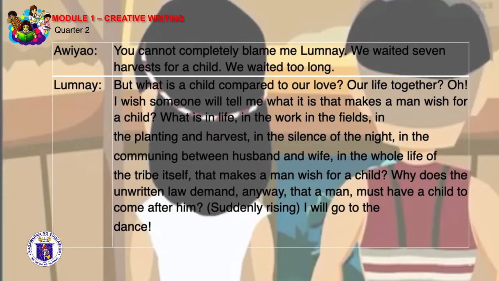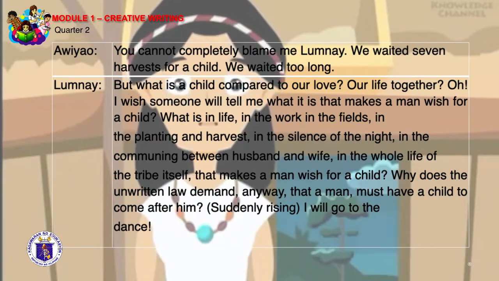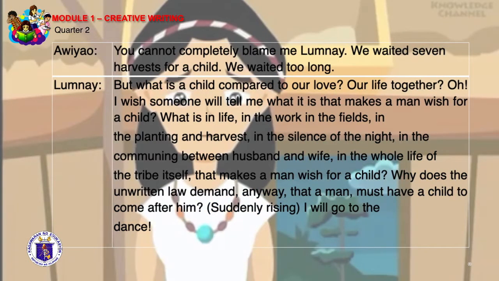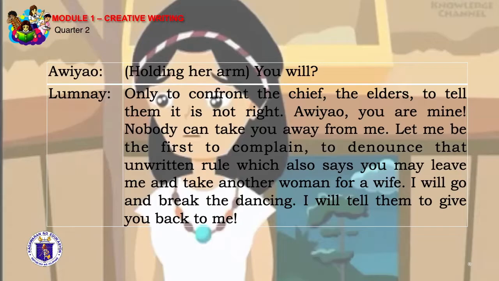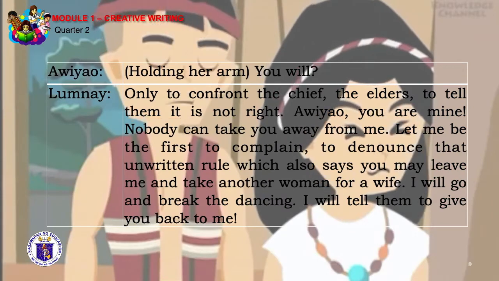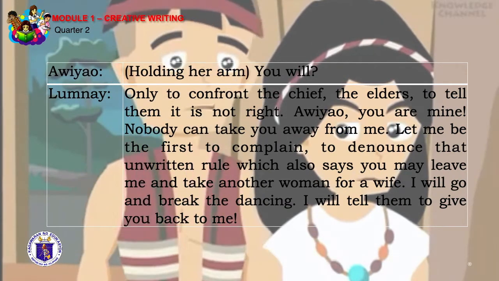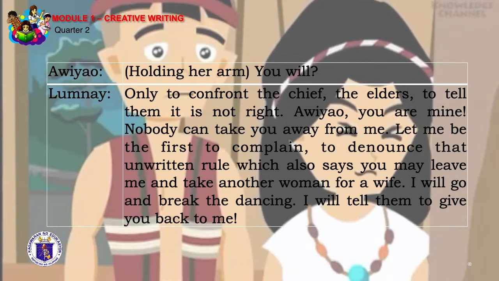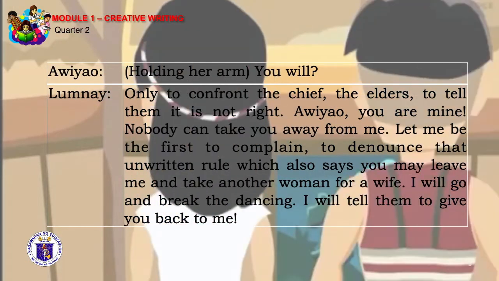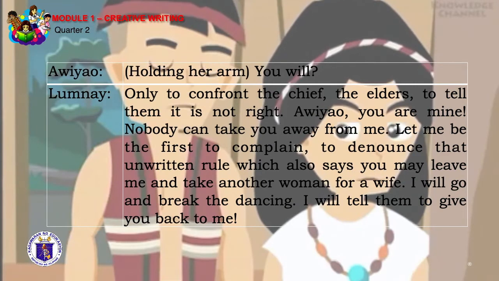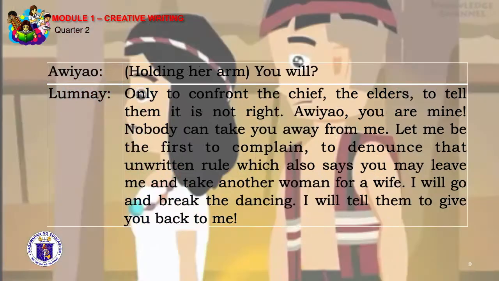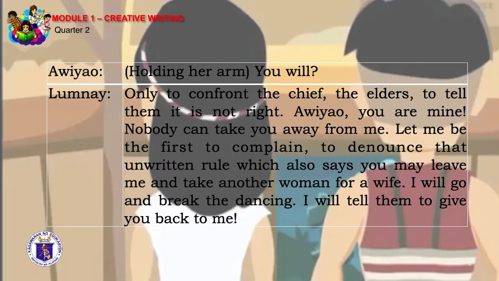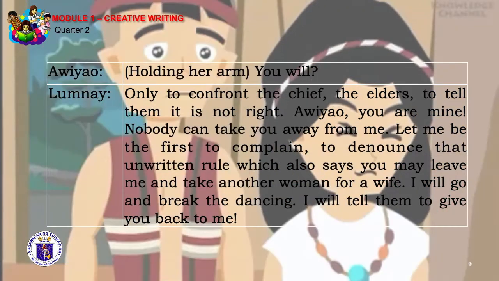Why does the unwritten law demand, anyway, that a man must have a child to come after him? I will go to the dance. You will? Only to confront the chief, the elders, to tell them it is not right. Awiyao, you are mine. Nobody can take you away from me. Let me be the first to complain, to denounce that unwritten rule which also says you may leave me and take another woman for wife.